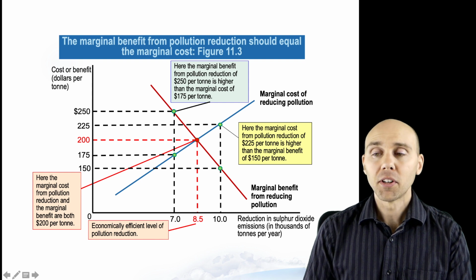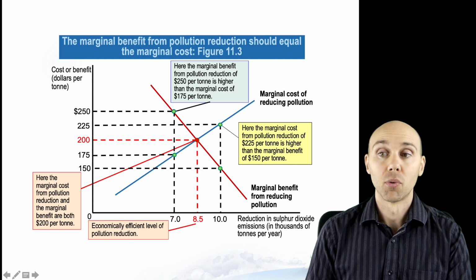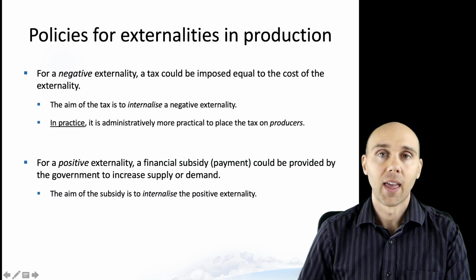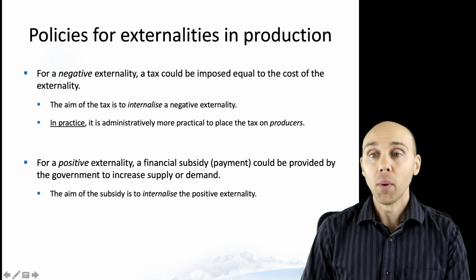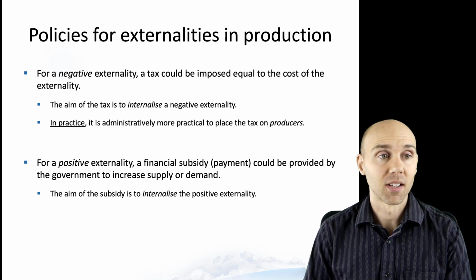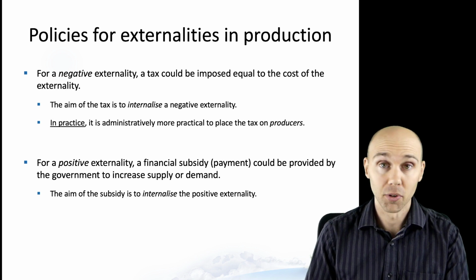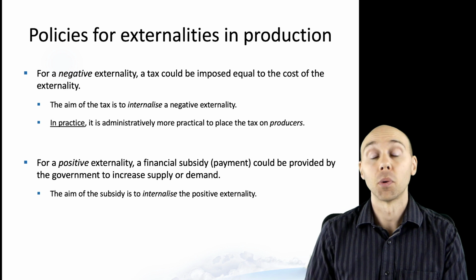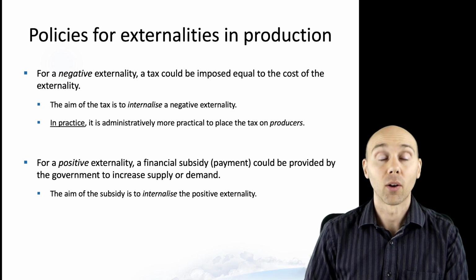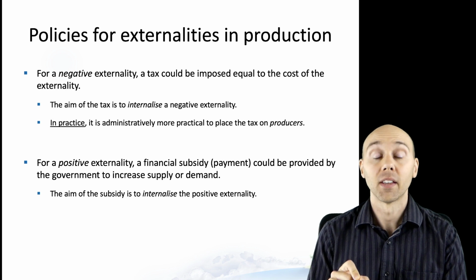So what can we do if we've got a situation where the free market is leading to producers producing more than this economically efficient level? We can impose a tax, and if we do the tax in a smart way, we can do it such that the tax, because it increases the producer's marginal cost, leads them to reduce their production, their quantity supplied, to exactly the point where we get to this efficient point.